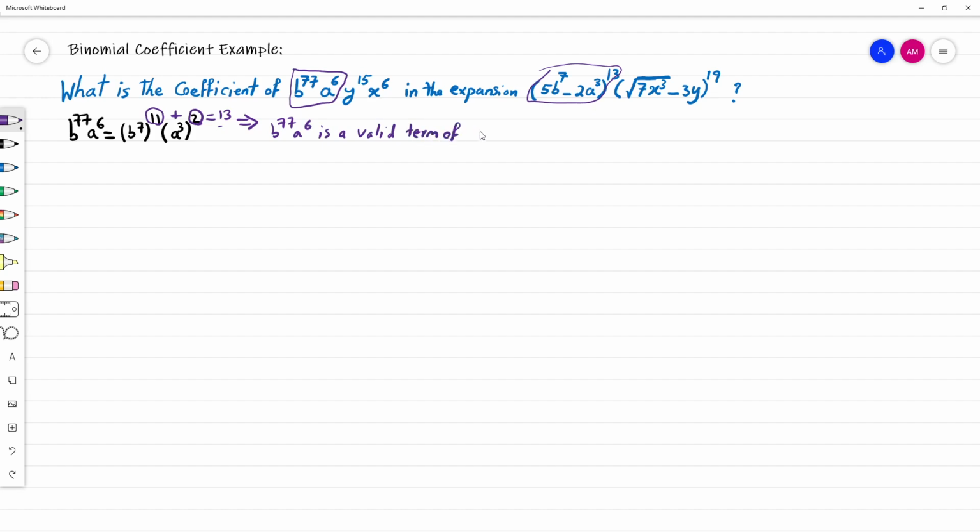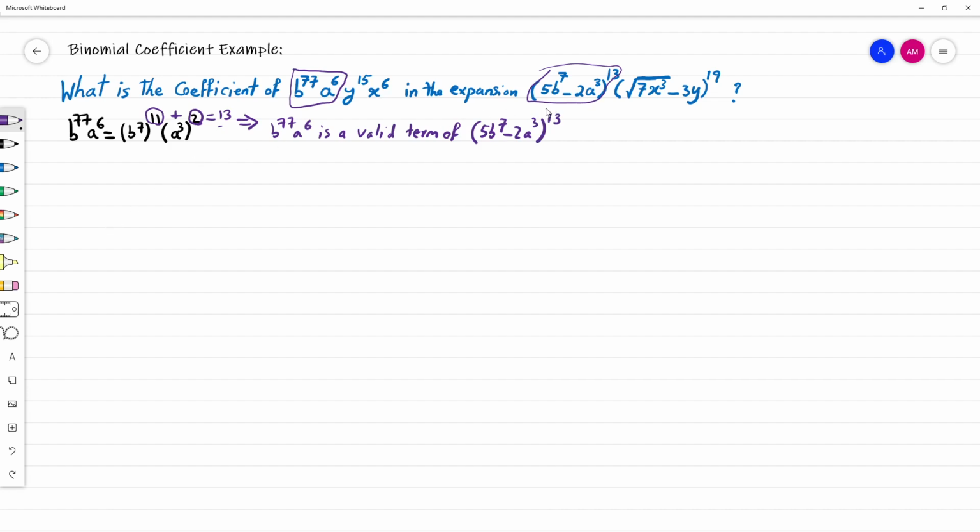of 5b to the 7 minus 2a cubed, the whole thing to the power 13. Okay, great. So we're going to figure out how to do that.